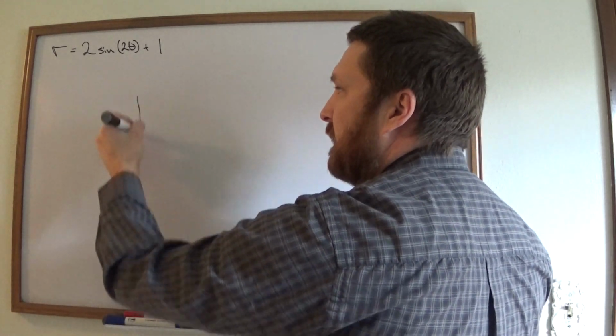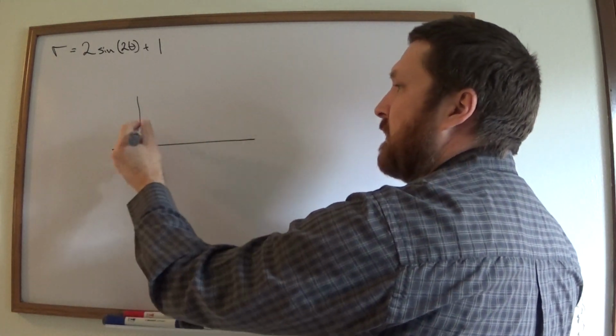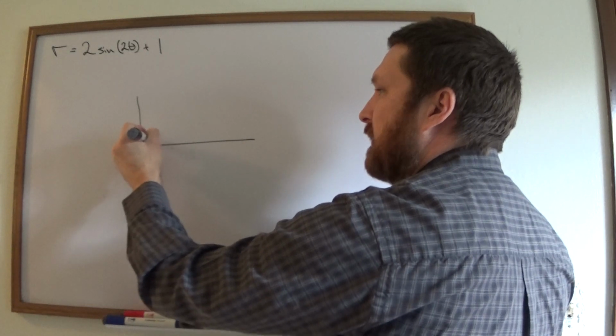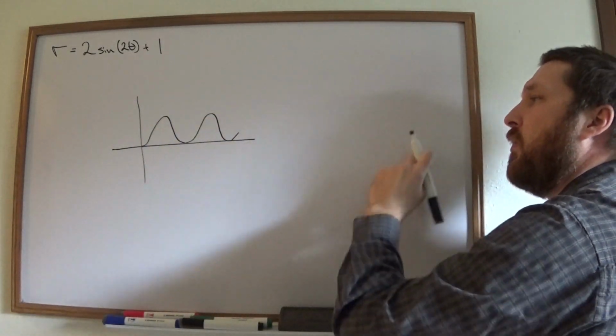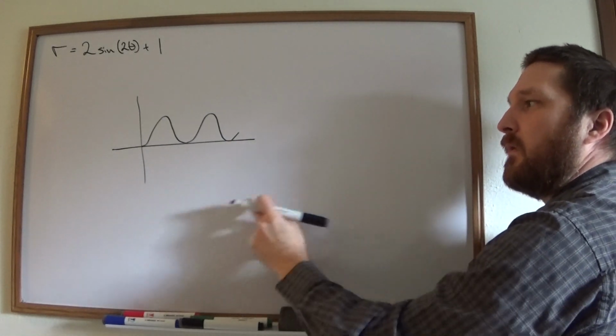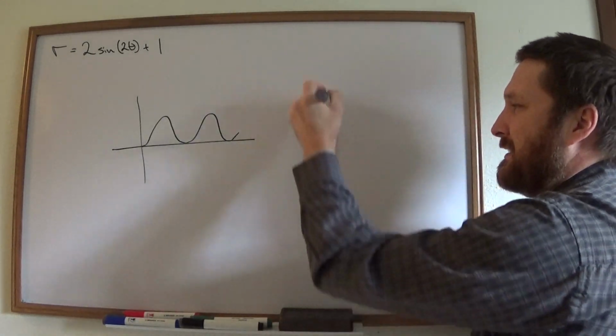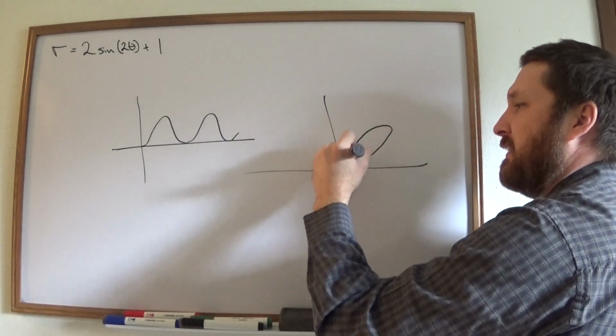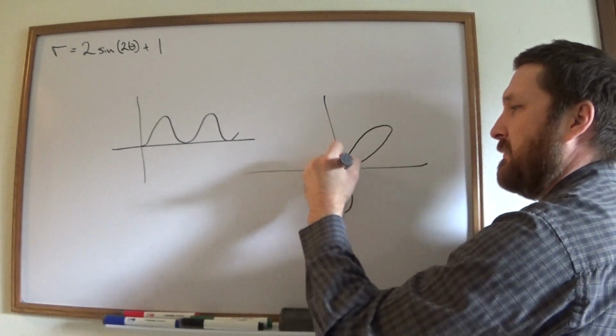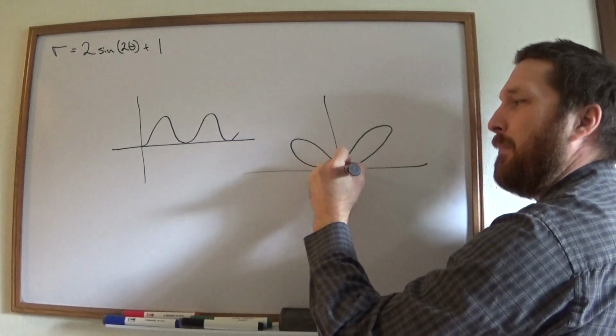So that's another thing. If it does something like this, then you end up going back over parts that you've already gone over. You might trace one out like this, and then it comes down like this, and then it comes out like this, and you're still only at pi.